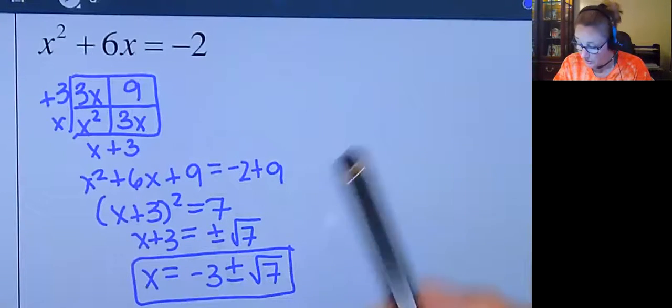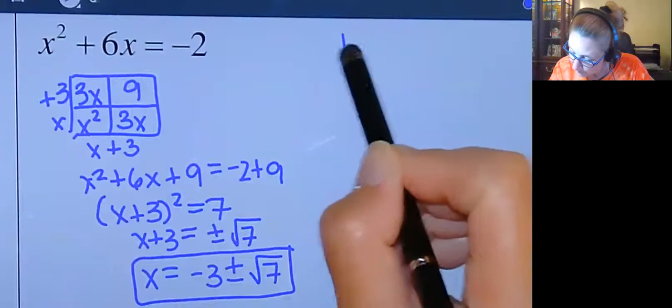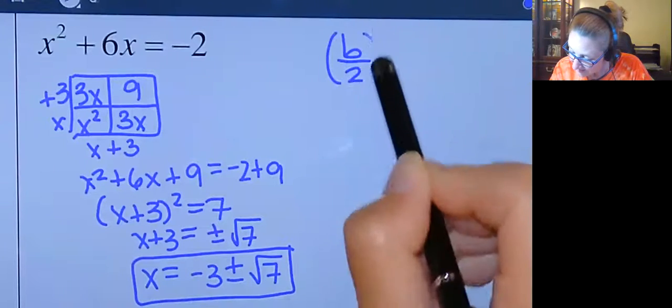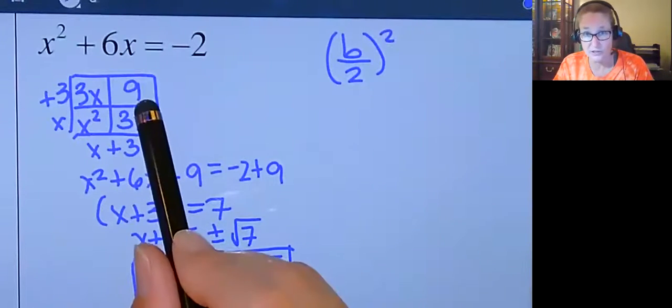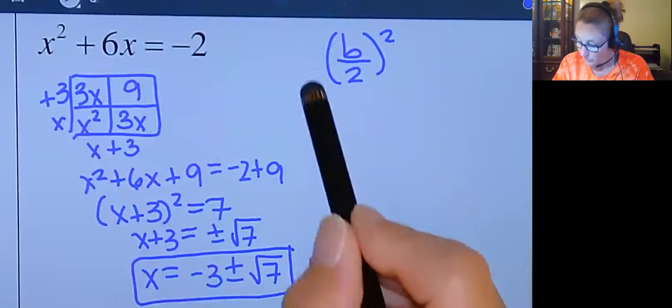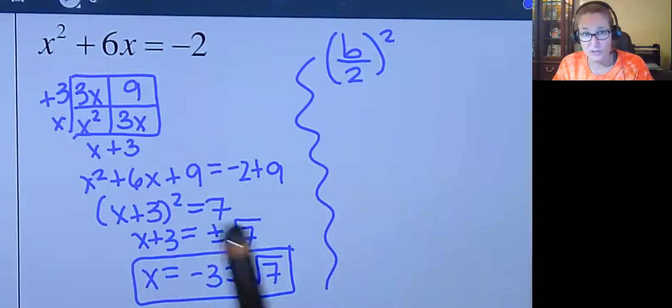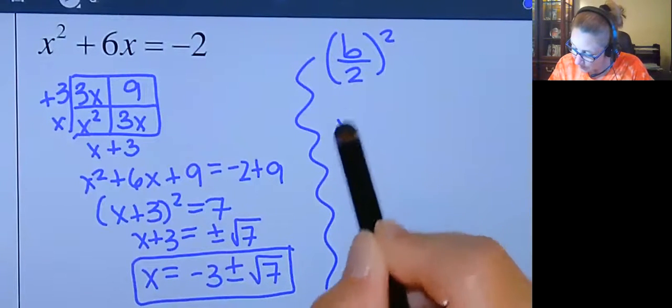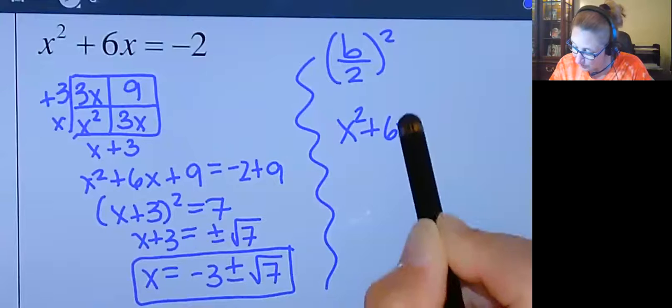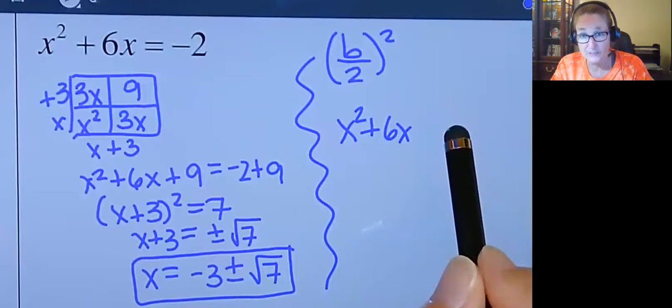Now, another way to think about this is basically what I'm going to do is take my b, divide it by 2, and then square it. That's how I got this 9. So another way to do this, when I'm looking at this, I know it's x squared plus 6x, and I know I need to figure out what to make a complete square.